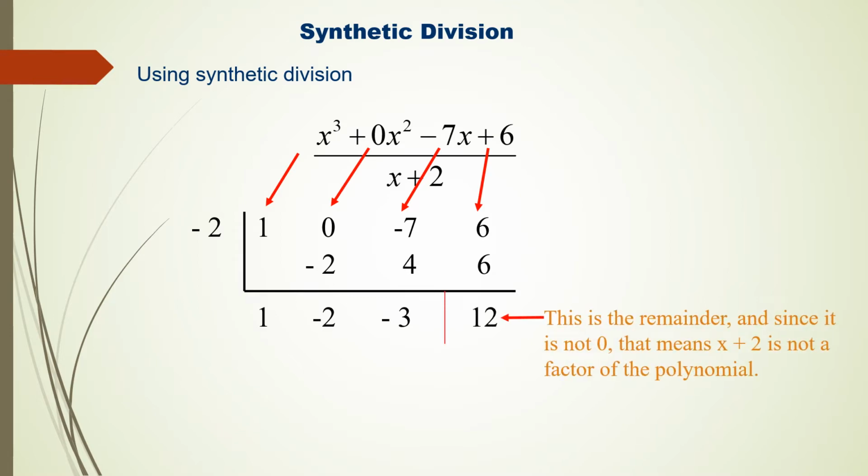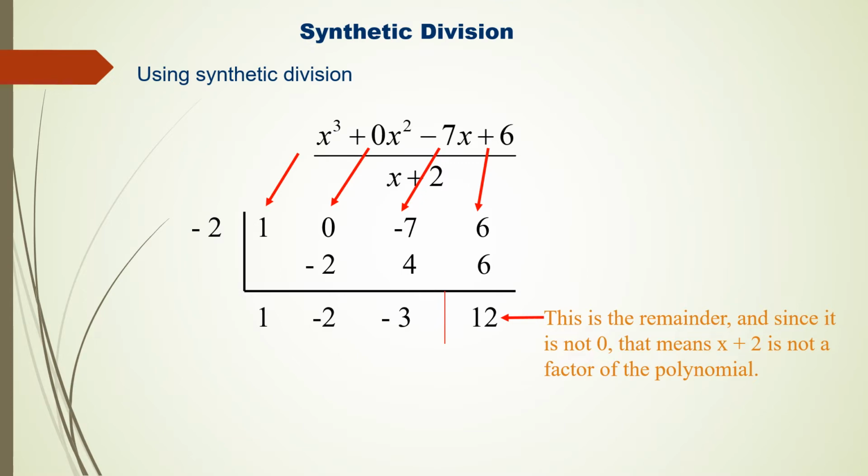So, this is the remainder. And since it is not 0, that means x plus 2 is not a factor of the polynomial. Yan. So, dapat daw lagi siyang 0.